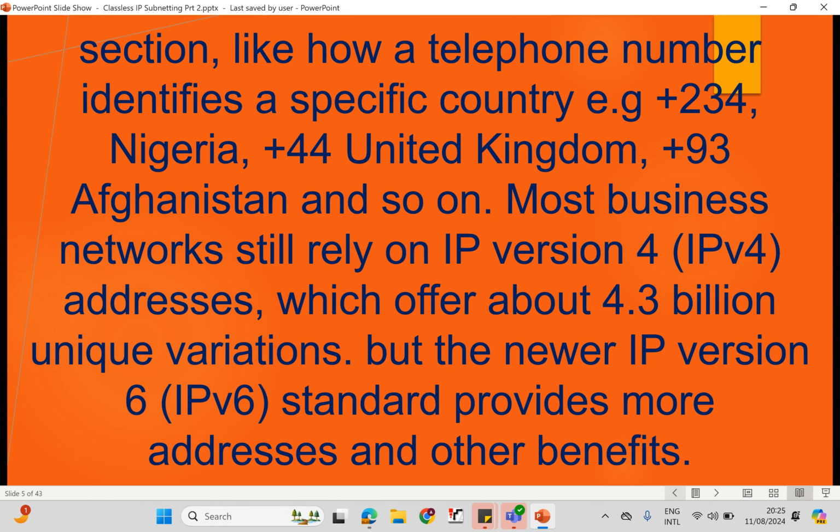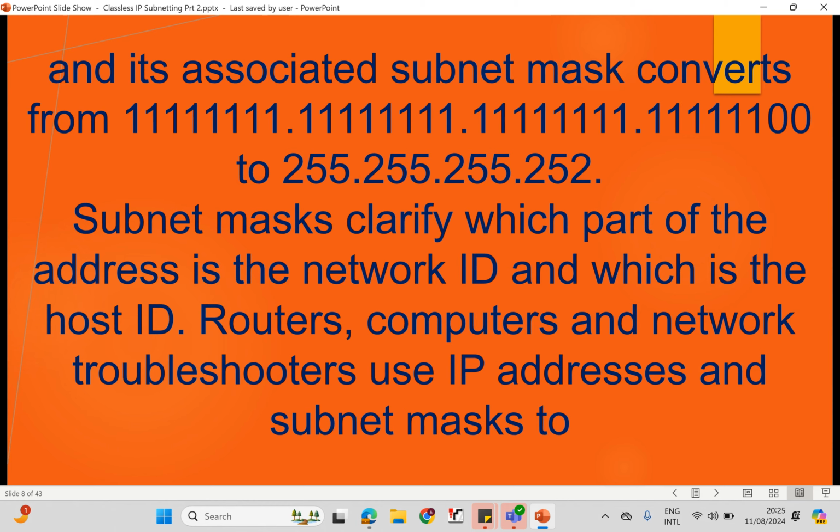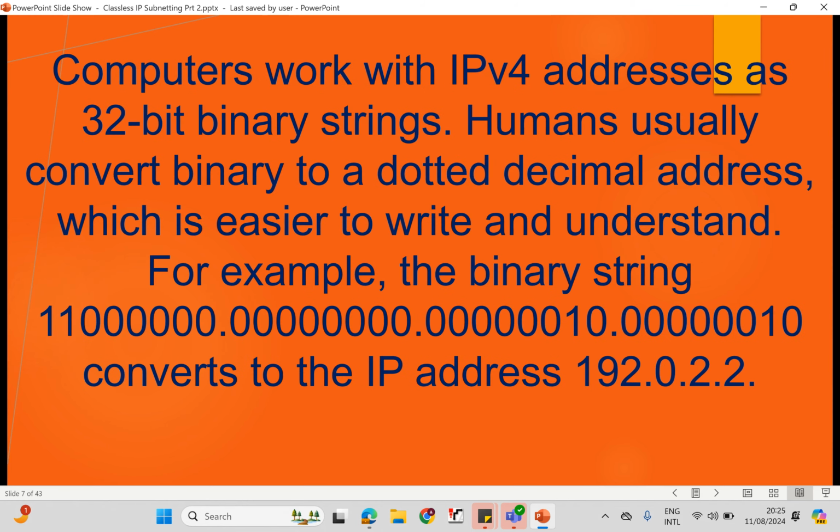We've looked at all of this before, but I want to just quickly go to the class today, but we need to lay this foundation for us to be able to understand where we're going. Computers work with IPv4 addresses as a 32-bit binary string.